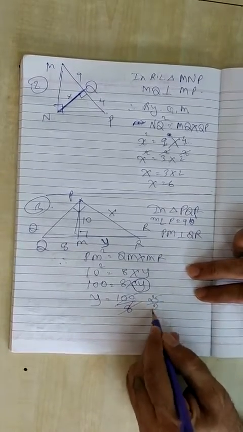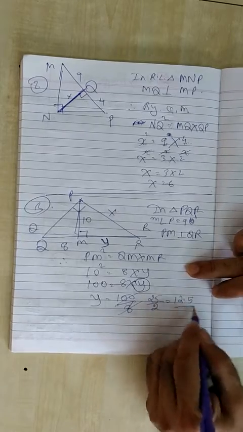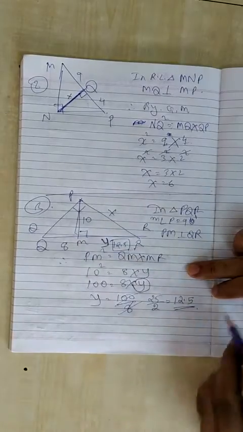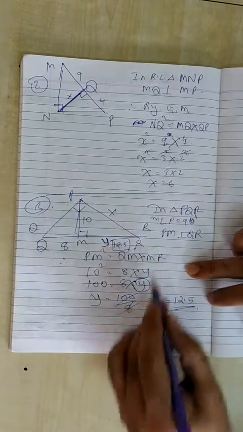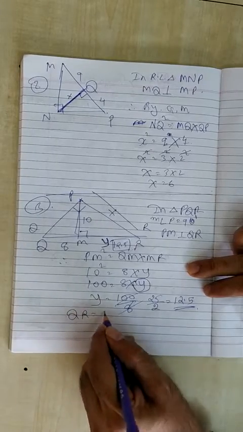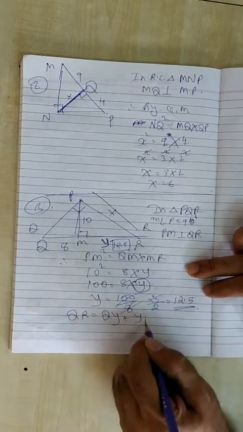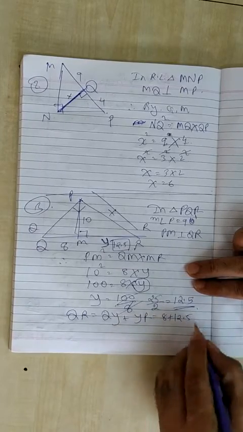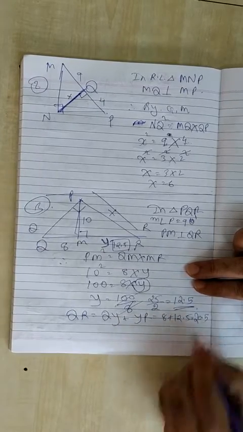So 25 over 2, so this is 12.5. Now we have to find this, so QR is equal to QY plus YR is equal to 8 plus 12.5 is equal to 20.5.